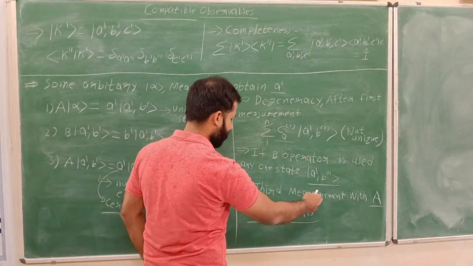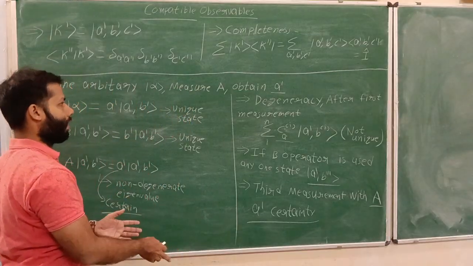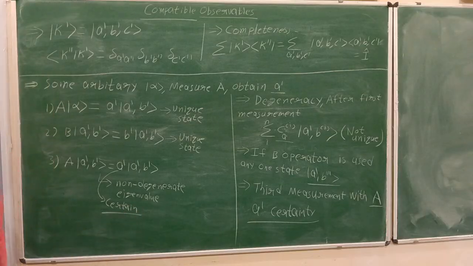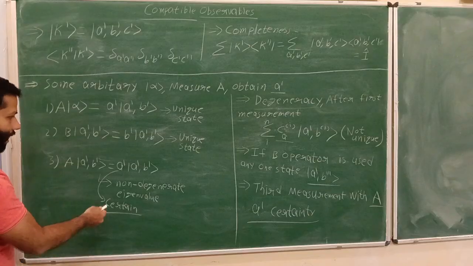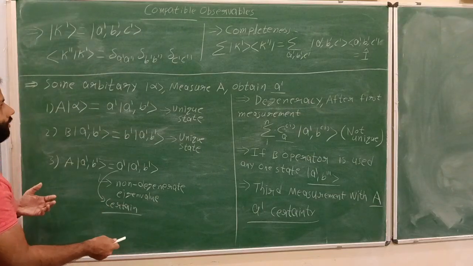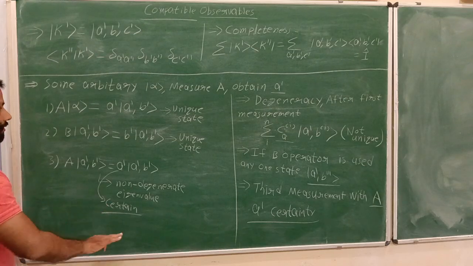Still, in the third measurement I am getting A prime with certainty. So it does not matter whether there is degeneracy or no degeneracy, you get the A prime eigenvalue with certainty. So observables, if they are compatible with each other, their measurements do not interfere with each other.